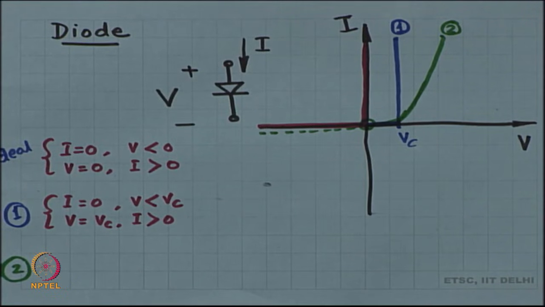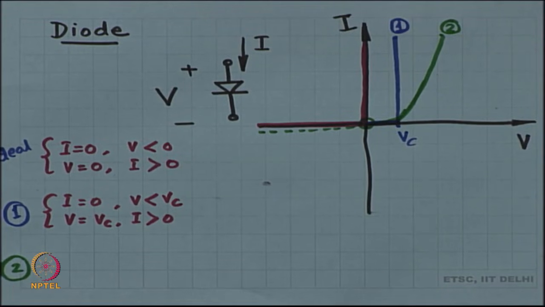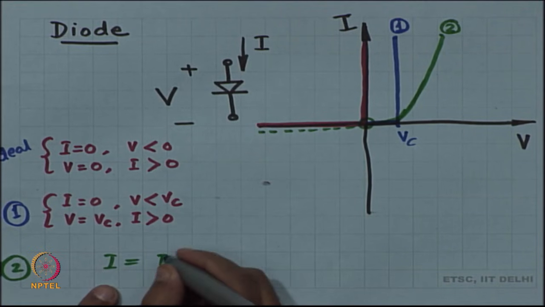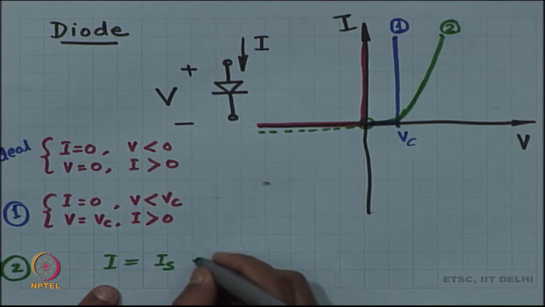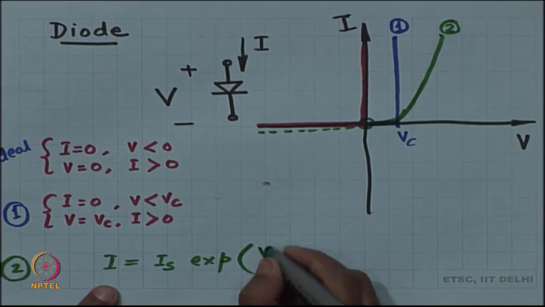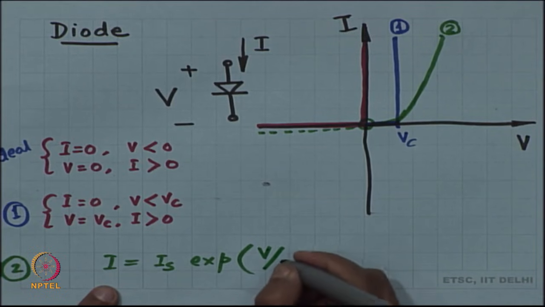The third one says, the device manufacturer finally says that no, I can't make all of these things, this is all discontinuous and so on, whatever I make is going to be some continuous function, and he says that I will give you I equal to some scaling constant times some exponential of V by Vt.